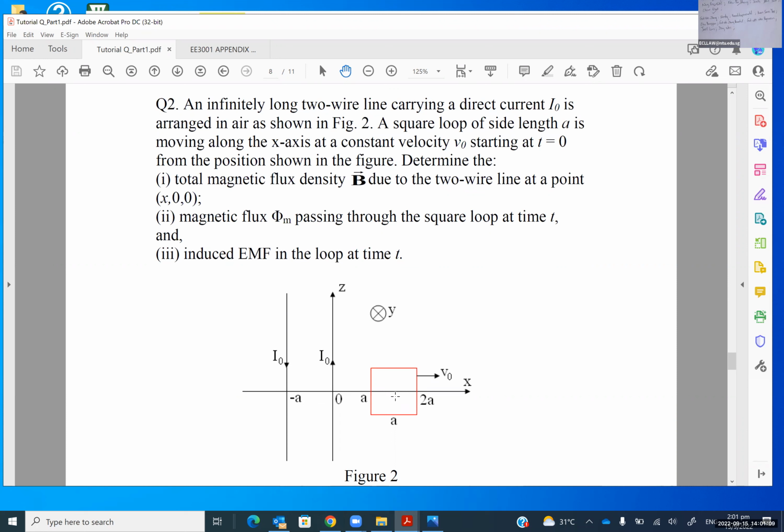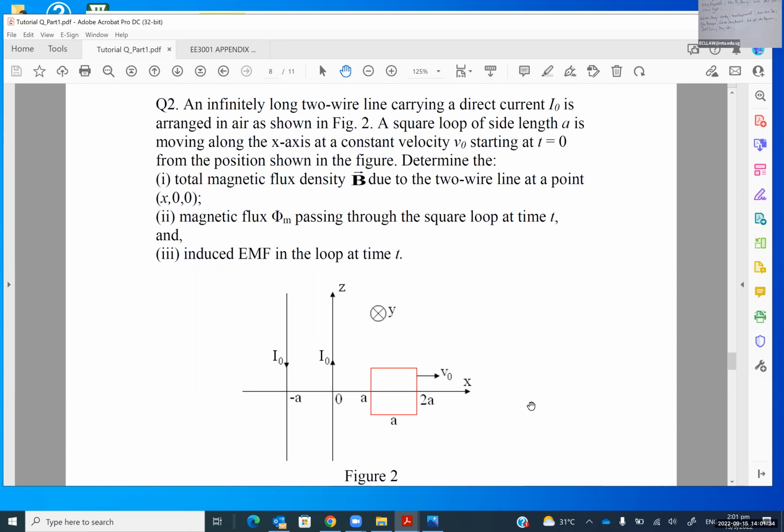If the loop is moving, the radial distance keeps changing with time. That is the reason it creates time varying flux. That qualitative description captures what we need to do to quantify it.